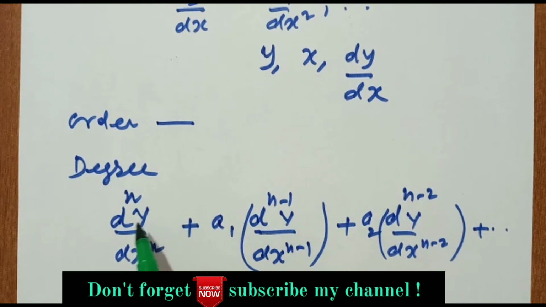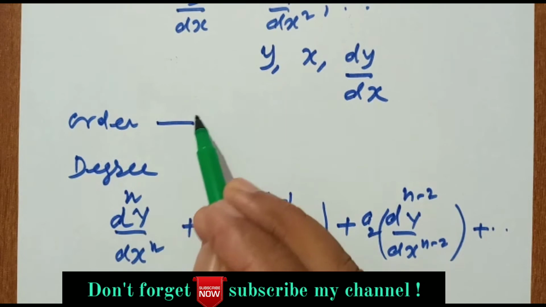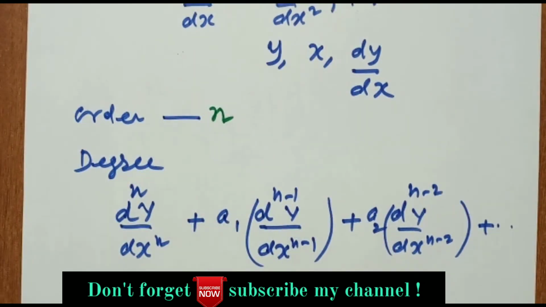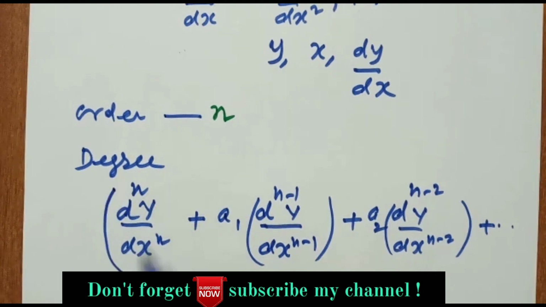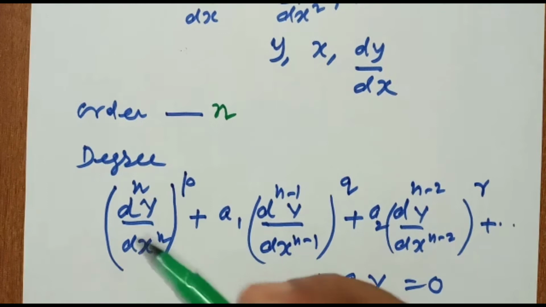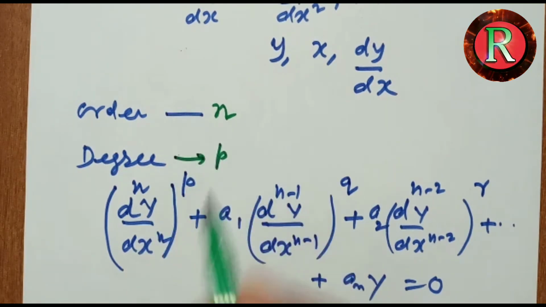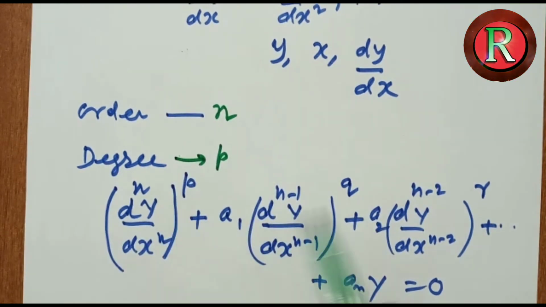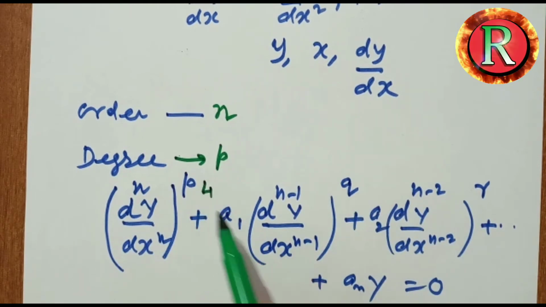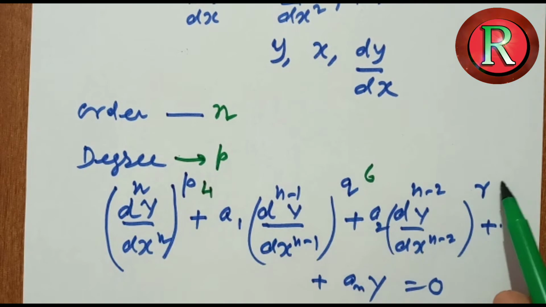This is very easy to see. You only see the maximum number of differentiations of the dependent variable. This is the order. Then for degree, if the powers here are p, here q, here r, then the degree is p. Suppose this is 4, this is 6, this is 5.